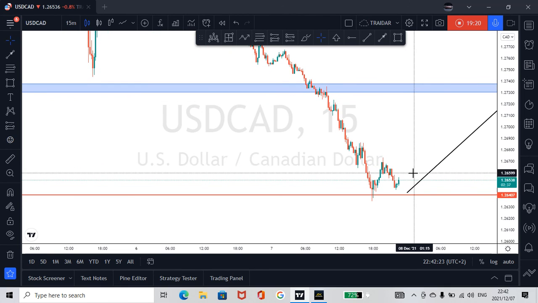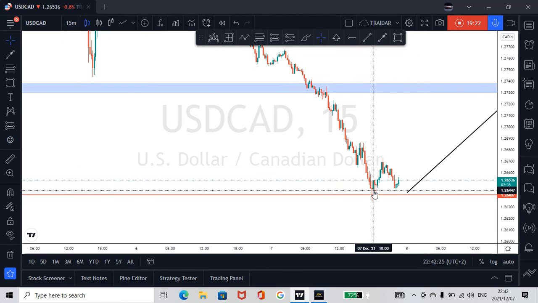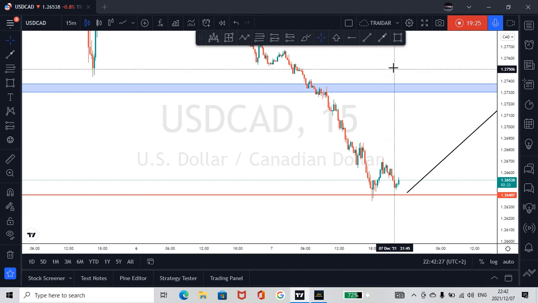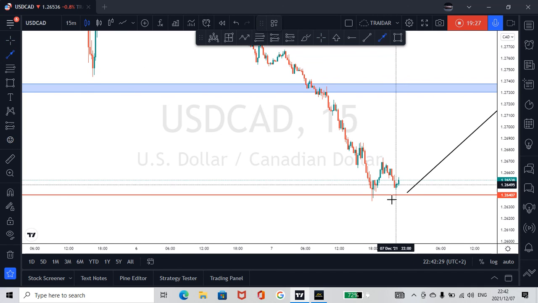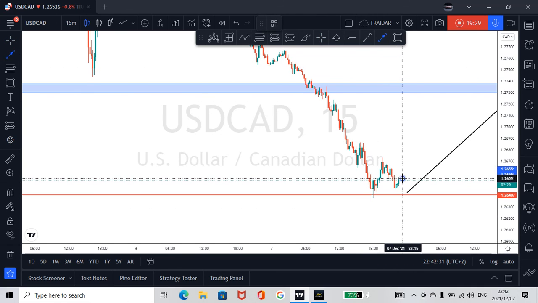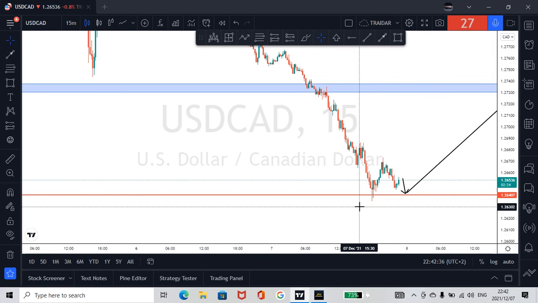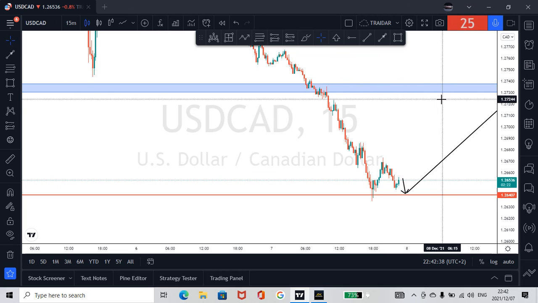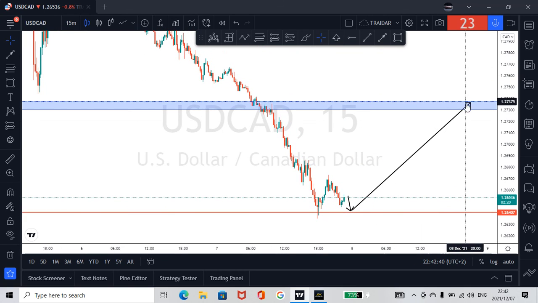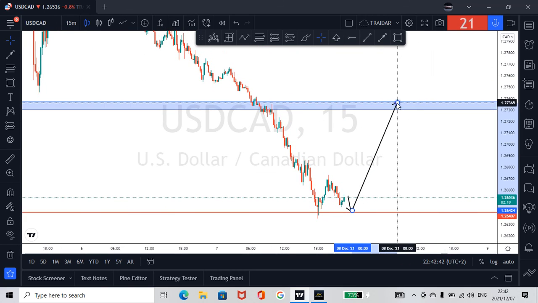What do we have? We have a first bottom. We're looking to see the market coming just a little more down, the second bottom, and then we're ready to put our stop just below this thing here. And then we take this thing all the way up to a retest, and that's our TP here.